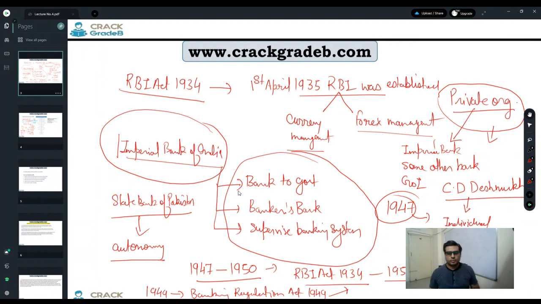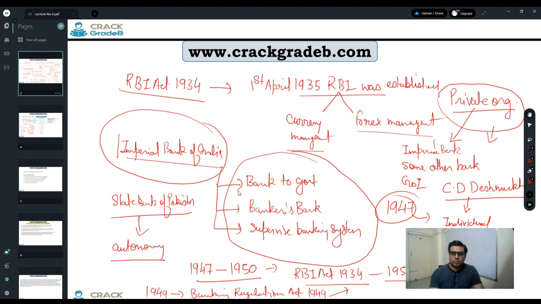In the last class, we were discussing the origin of the Reserve Bank of India, and I told you how it came into existence as a private organization, but later on it became a government organization, right?